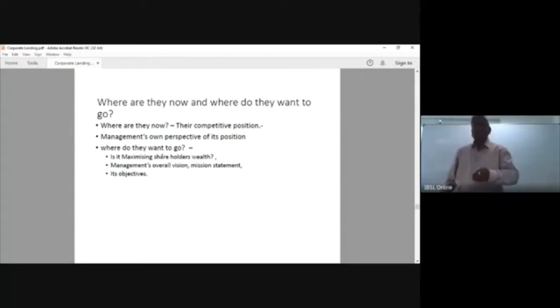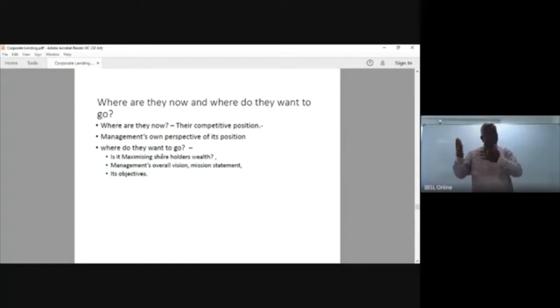And where do they want to go? What do they want to do? Is it maximizing the shareholders' wealth? Management's overall vision and statement is important. What is their vision? They must have a particular vision. A company that does not have a vision is of no use. Then, having the vision, how to achieve that vision?